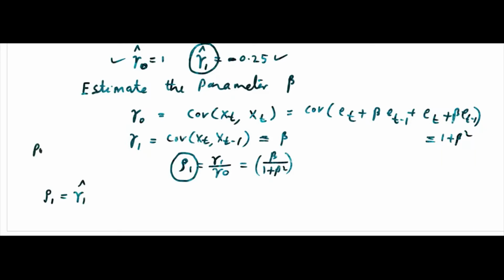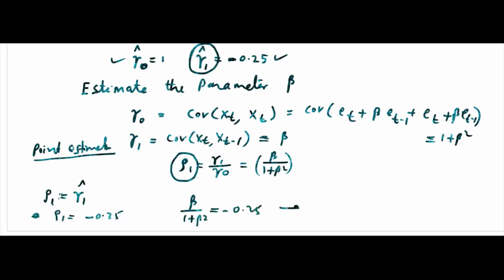So in point estimation, you equate the sample autocorrelation to the population autocorrelation. The sample autocorrelation we got is minus 0.25. If you take rho 1 as this, then beta divided by 1 plus beta square will be equal to minus 0.25.